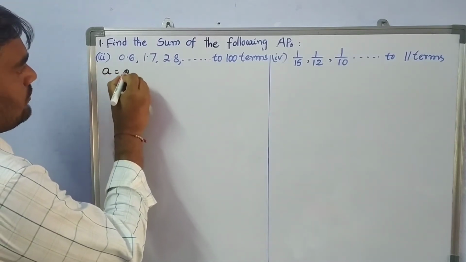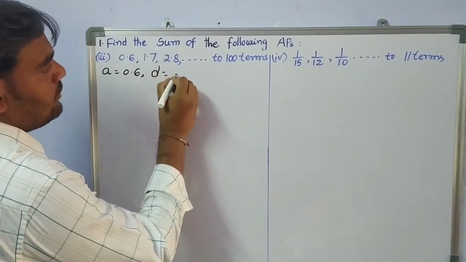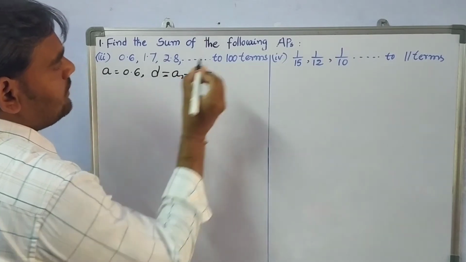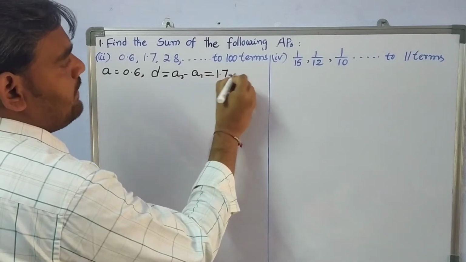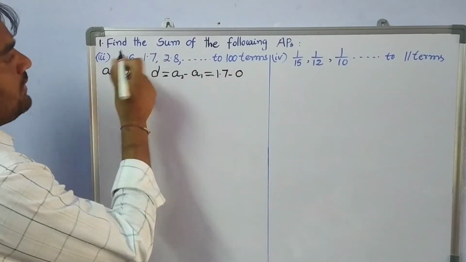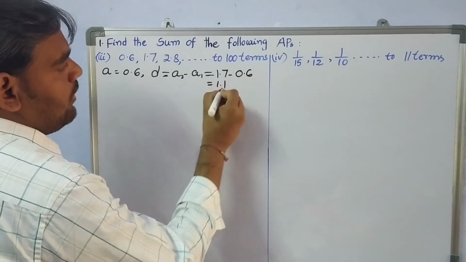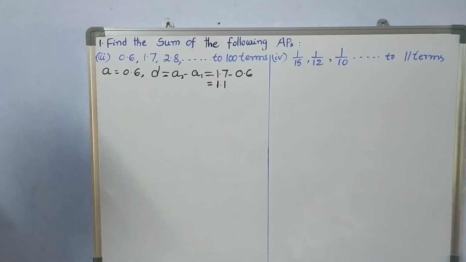Next, common difference d is equal to a2 minus a1. Here a2 is nothing but 1.7 minus a1, that is 0.6. So here we will get 1.1. 1.1 is the common difference d.